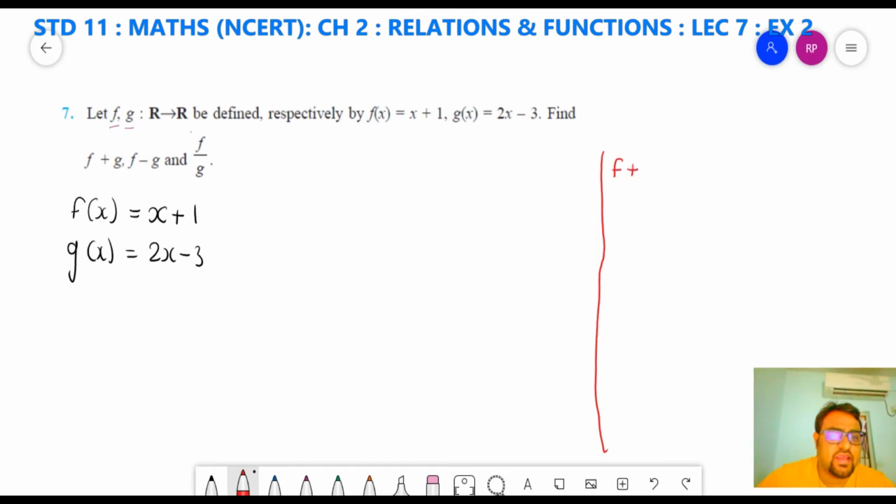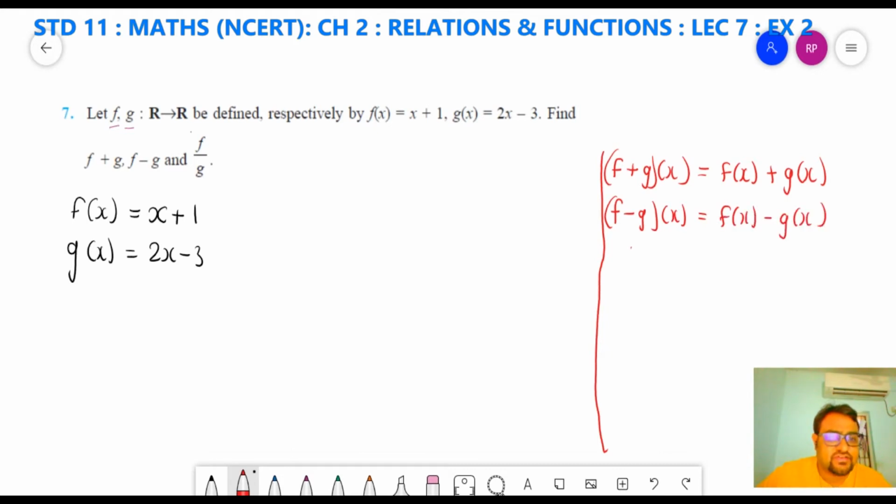When you are writing (f plus g)(x), then this will be equal to f(x) plus g(x). And the value of x will be from the intersection of the domain of f and the domain of g. You can only take that value of x.